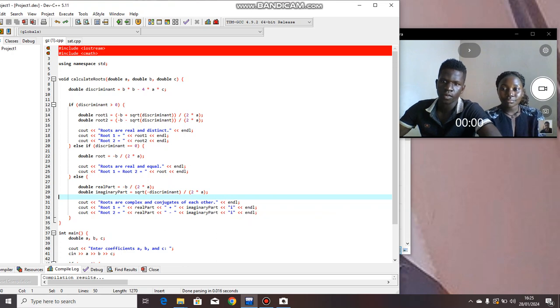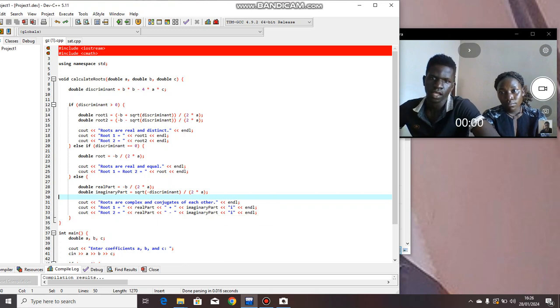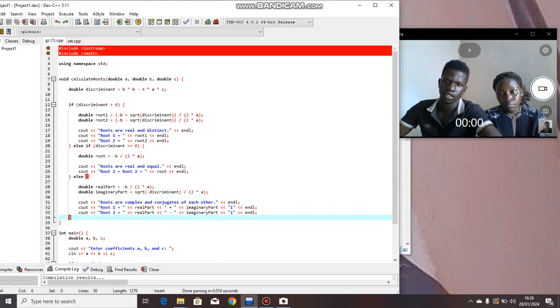So the first root is the real part plus the imaginary part i, which means imaginary, and the other one is the real part minus the imaginary part i. You can follow this because the great thing is to know where the brackets are supposed to be.